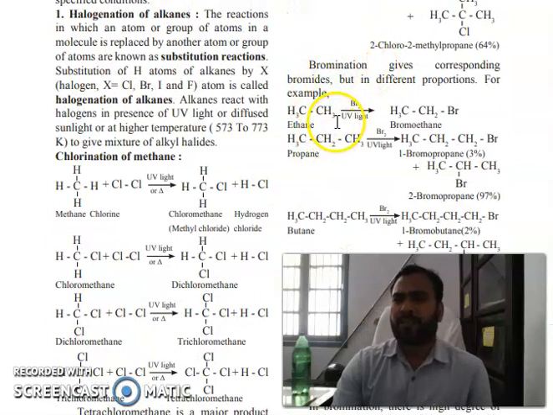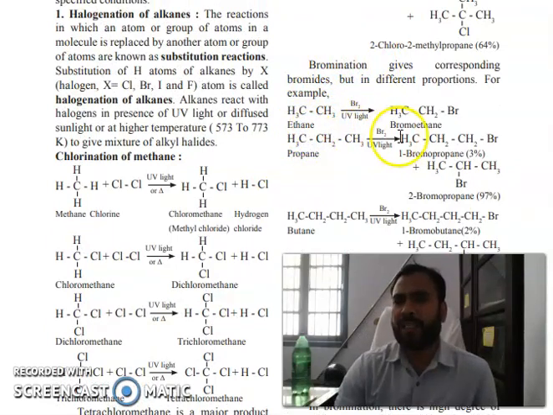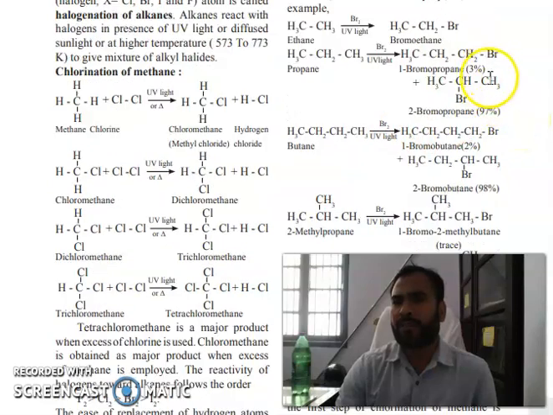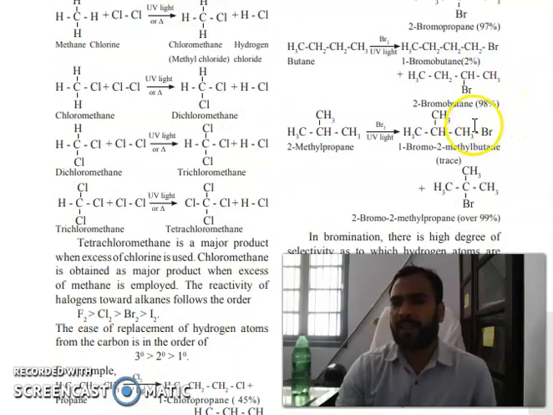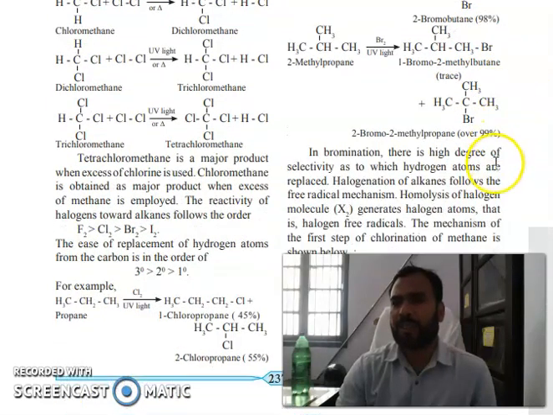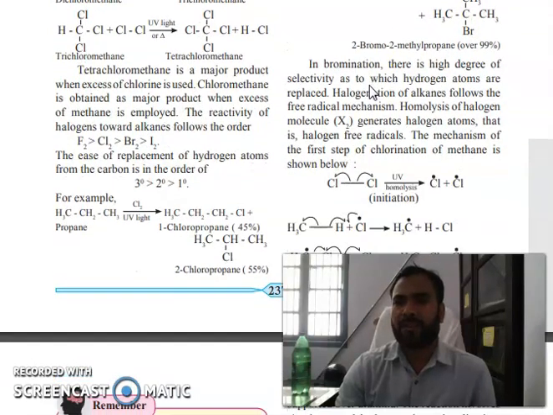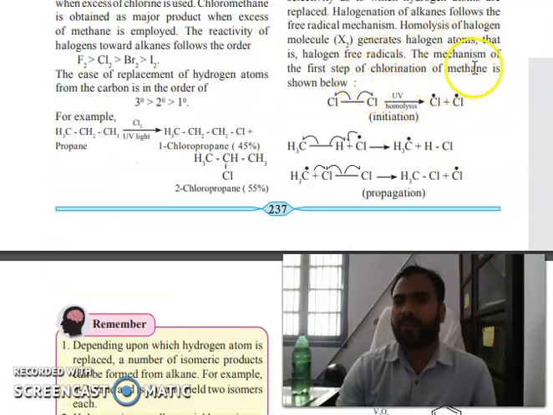You can see with the help of ethane, bromination, bromoethane. Here if you have the 3 degree, again you have two products, 97% and 3%. Here you can see 98% and only 2%. Here you can see 99% and only a trace. So you have to observe why it is happening.